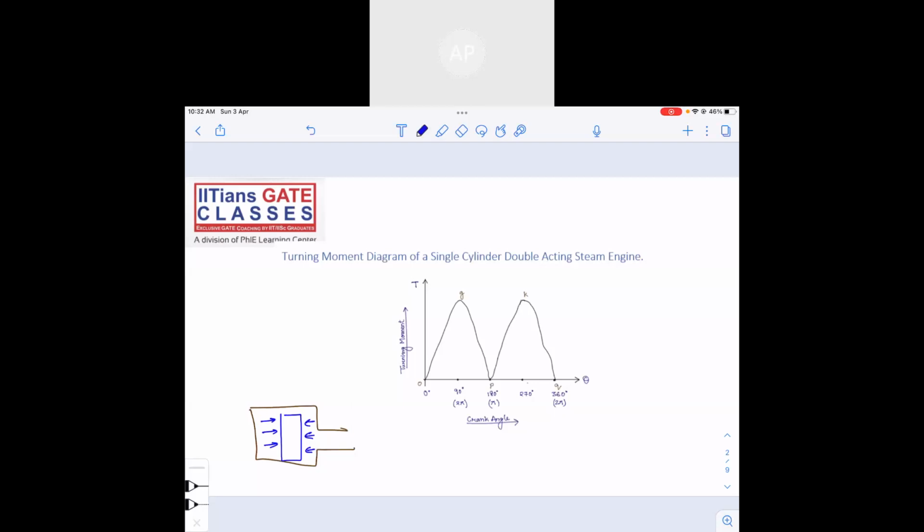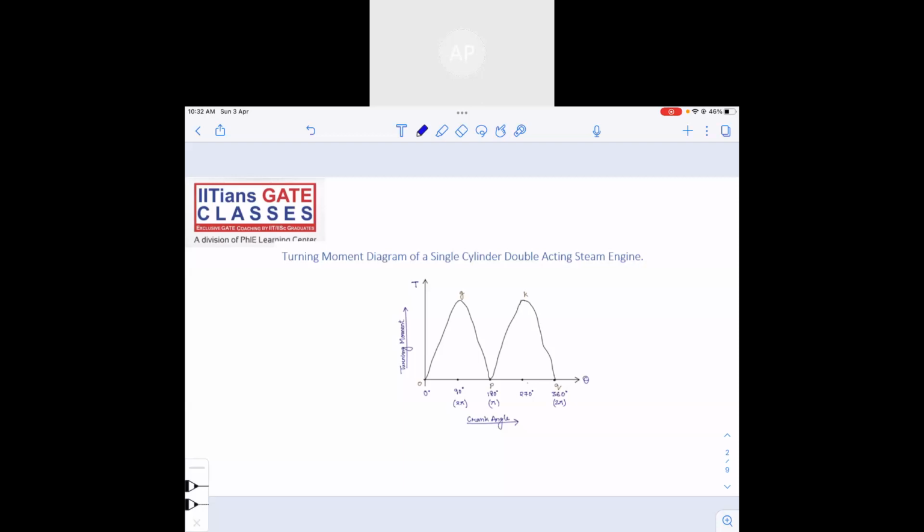So if there are n strokes, n stroke divided by 2, that is 50% of the cycle will be delivering power stroke. Since it is double acting, 50% of the time it will deliver power stroke. I won't discuss that much more now.